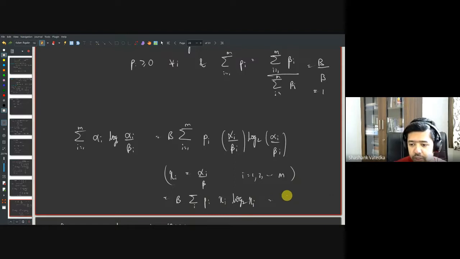This is precisely the form that we want. This is expectation of f of X, where the random variable X takes on these values: alpha 1 by beta 1 with probability p1, alpha 2 by beta 2 with probability p2, alpha 3 by beta 3 with probability p3, and so on.